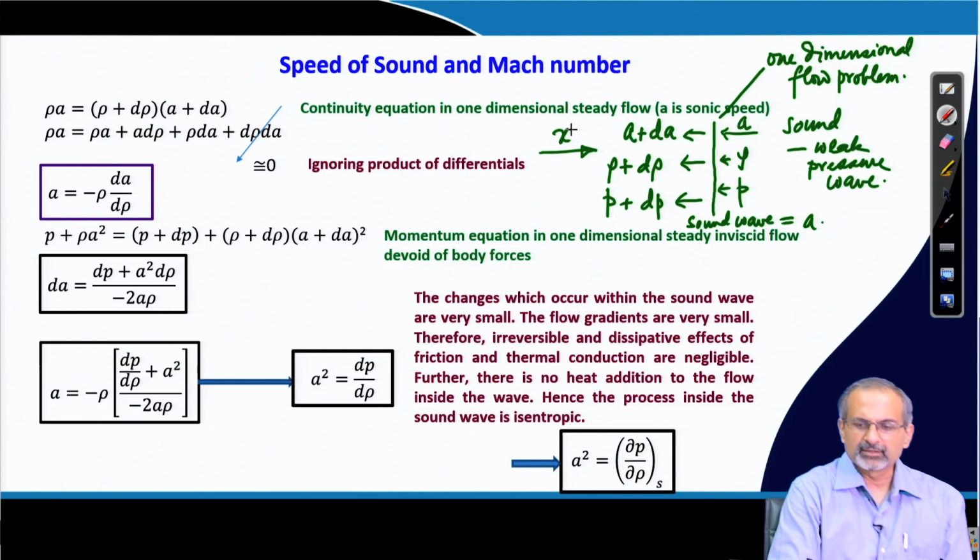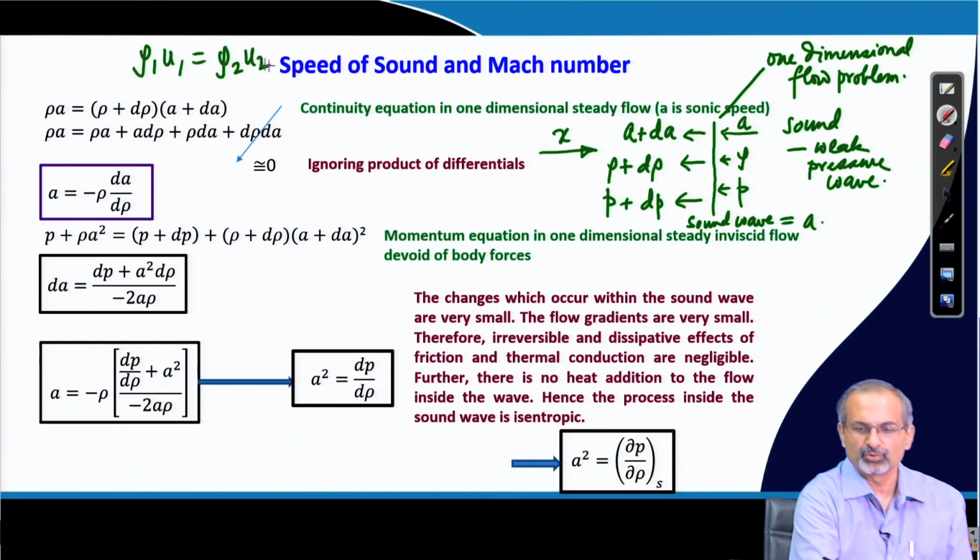When you look at the continuity equation in one dimensional steady flow, it has a form like this: rho 1 u 1 equal to rho 2 u 2.